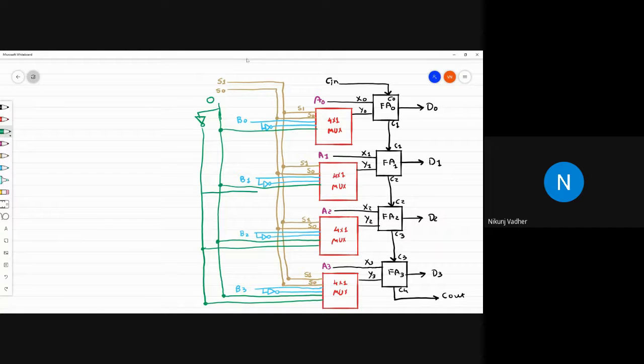Yes, if this question is asked in exam, then you have to draw all the components. Okay, you have to remember this. So this is 0, this is 1.